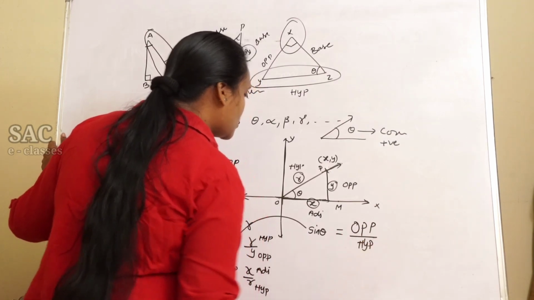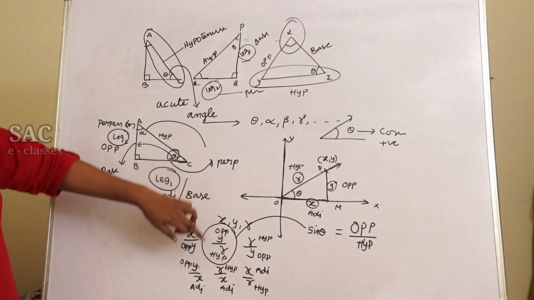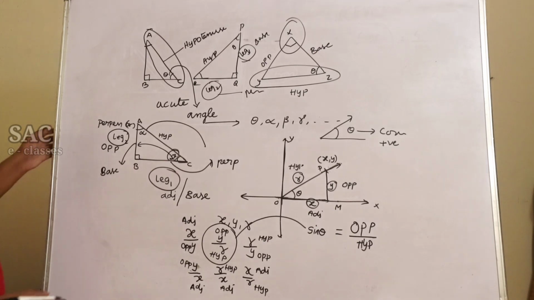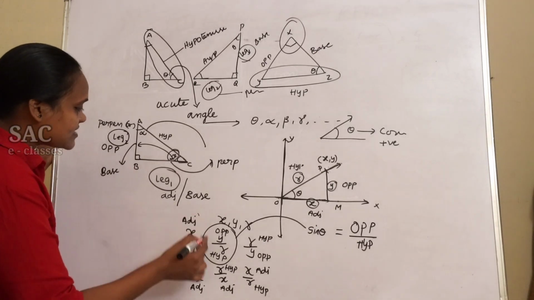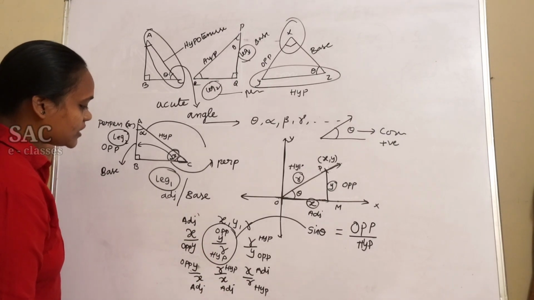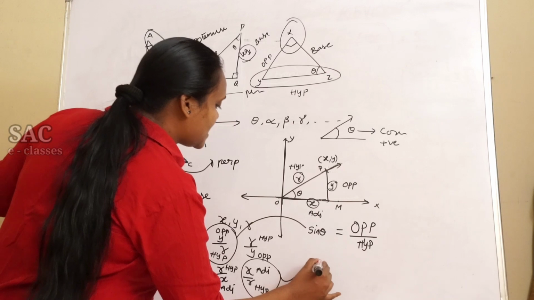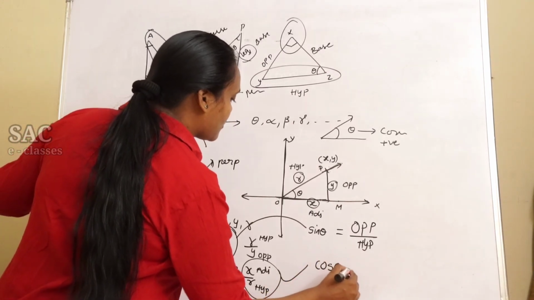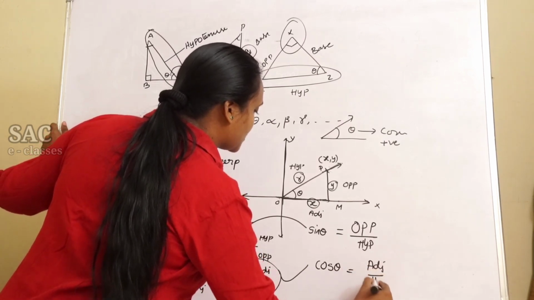The ratio formed by the opposite and hypotenuse is called sine theta. Next, the ratio which tells about adjacent with the hypotenuse is called cosine of an angle theta, simply called cos theta, adjacent by hypotenuse.